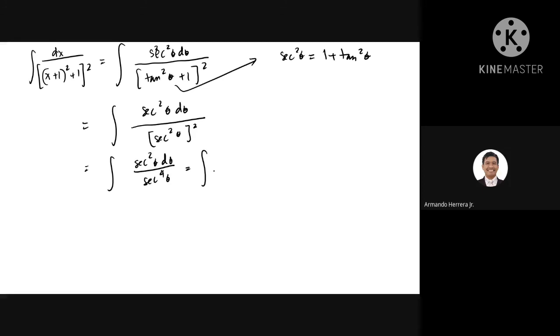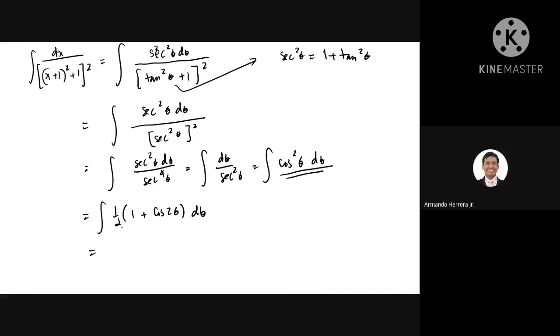That is simply equal to d theta over secant squared theta, which is the integral of cosine squared theta d theta. So using powers of sine and cosine, case 2, this is equivalent to 1/2 times the quantity 1 plus cosine twice the angle d theta. So integrating, we will have 1/2 integral of d theta plus 1/2 integral of cosine 2 theta d theta.